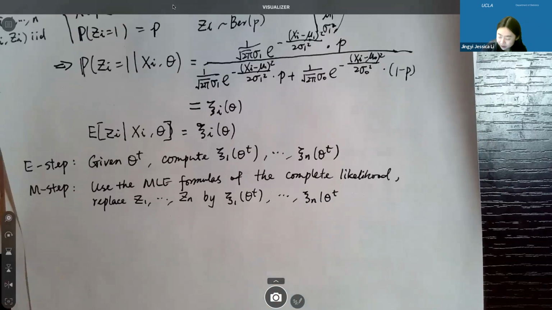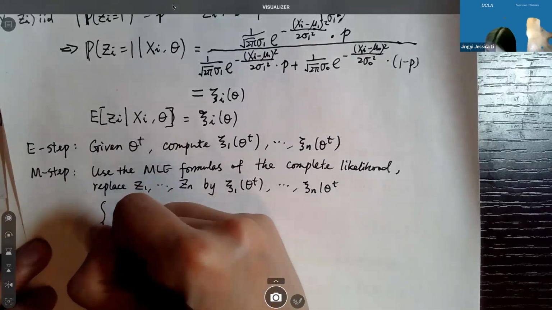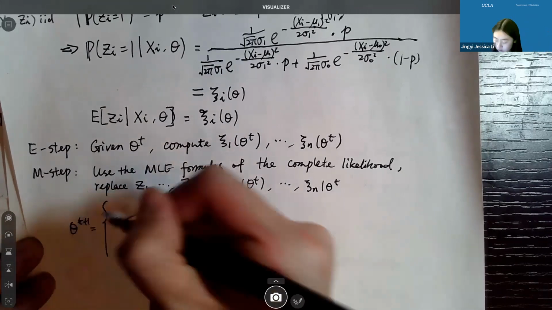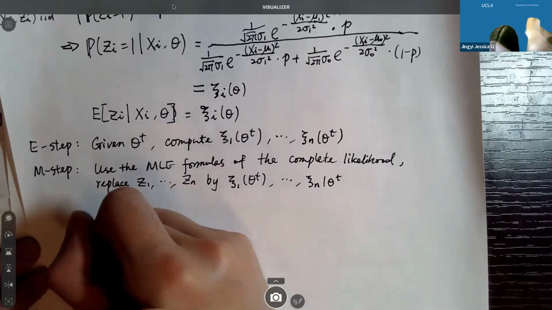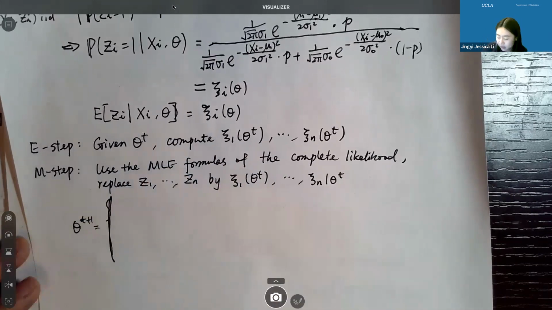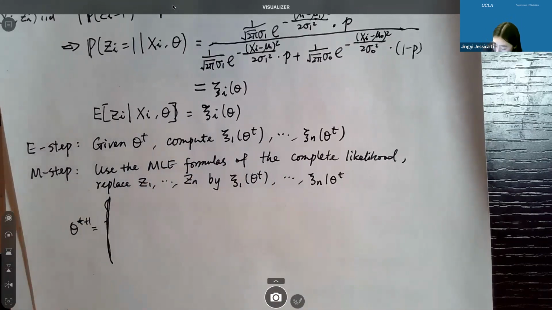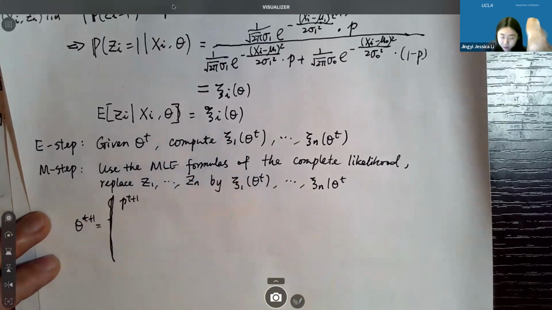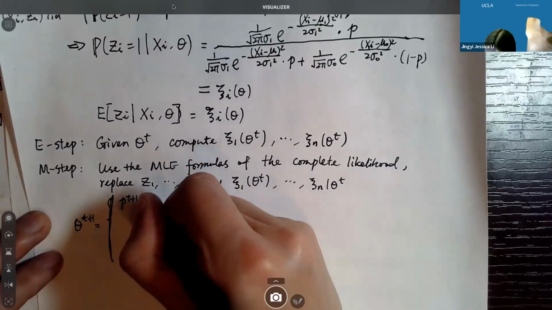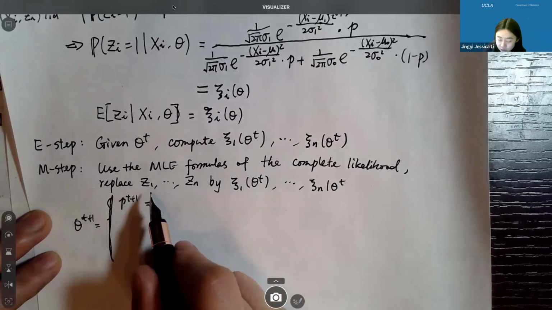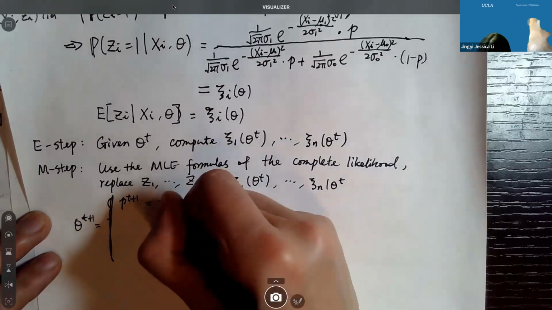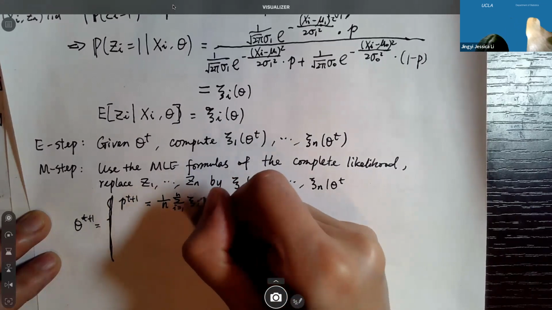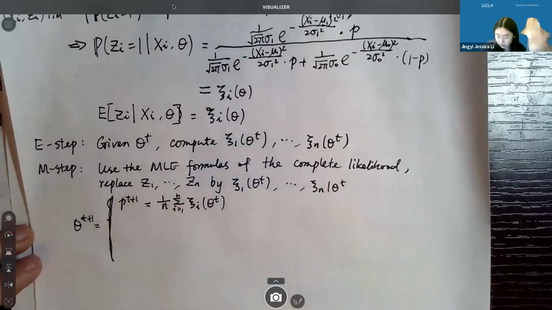Okay, if you still have some impression about those things. So basically the theta t plus 1 is now updated as those values. So the pt plus 1 is the proportion of ones. It used to be just the average of z1 to zn. Now I'm going to replace it by the average of psi 1 to psi n computed at the current value of theta t.